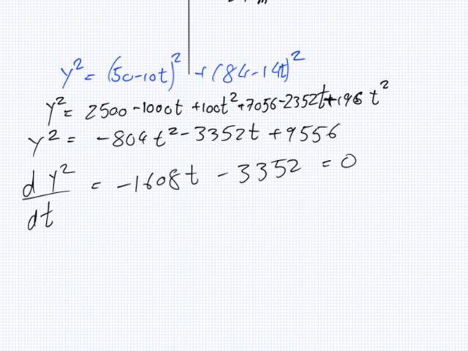So let me just double check. 2500 minus 1000t plus 100, and then 84 squared. 84 squared is 7056. 14 times 2 times 84 is minus 2352. Minus 14 squared is 196.